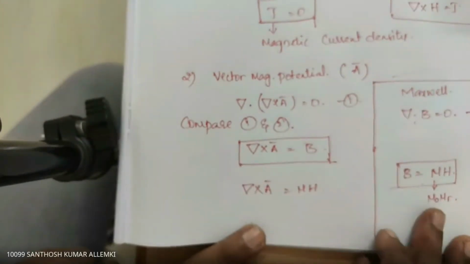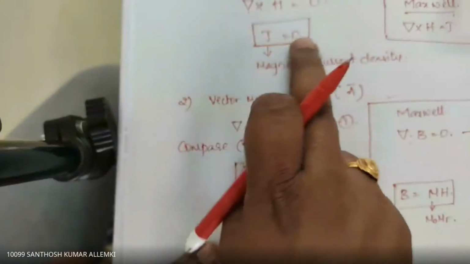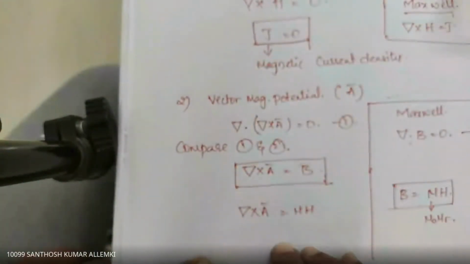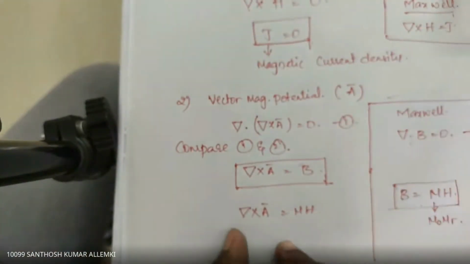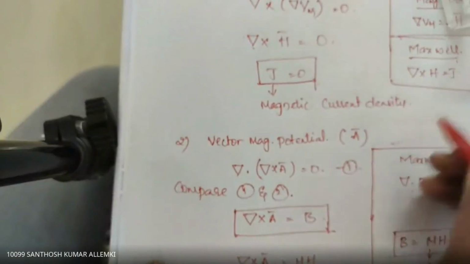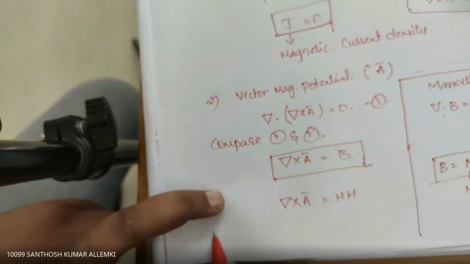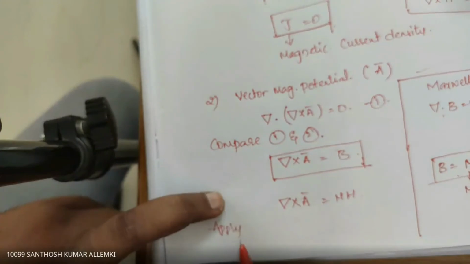Now see here, actually we need to calculate what? J value is equal to 0 for the scalar case, and for this case, what is the J value? So to get the J value, see here we are having H. So if you are having del cross H, then you can write del cross H value as J. So based on that, you can have the expression as J. So now just apply curl on both sides.